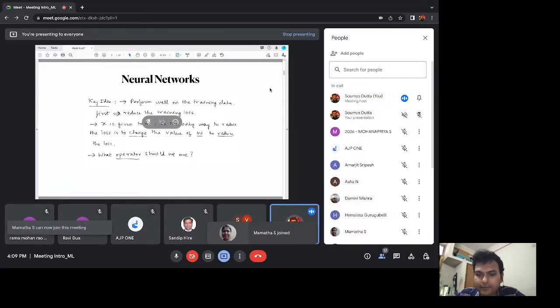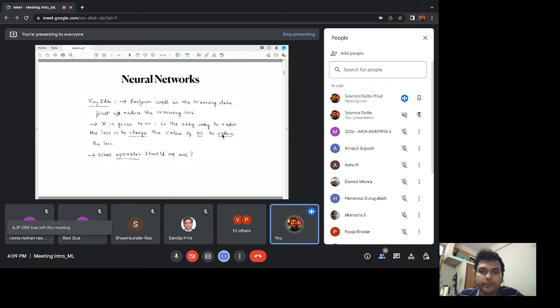I should frame my question in a better way maybe. My question is, we need to find a way to find out how much a change in W changes the value of the training loss. What mathematical operator will help us do that, find the change in the value of the loss function with the change in the value of W?